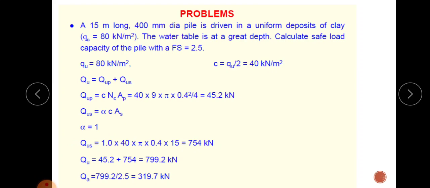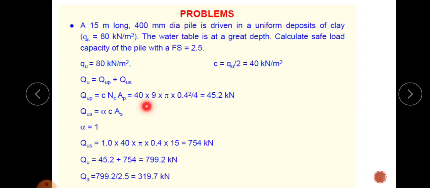C is not given directly, but here Qu is given as 80 kN per meter square. We have studied that if unconfined compressive strength is given, cohesion is equal to unconfined compressive strength divided by 2, that is C is equal to Qu by 2, that is 40 kN per meter square.